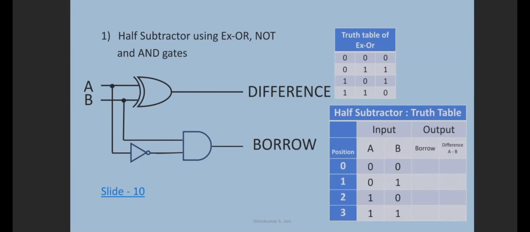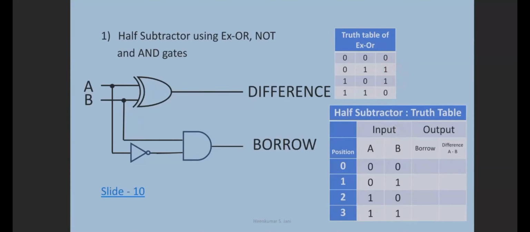We know that for the XOR gate, if both the inputs are same, that means 0 and 0, or say 1 and 1, the output is 0. If we have different inputs, say 0 and 1 or 1 and 0, the output is equal to 1.